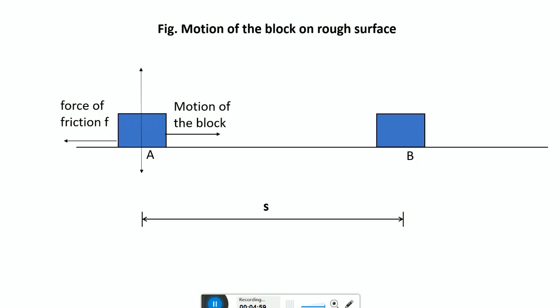Let N equal mg be the normal force between the table and the block. Similarly, weight W is equal to mg.